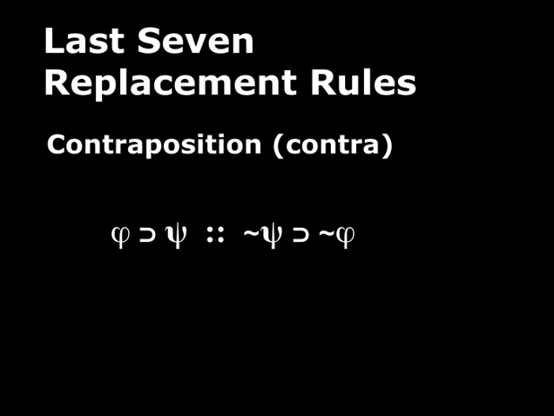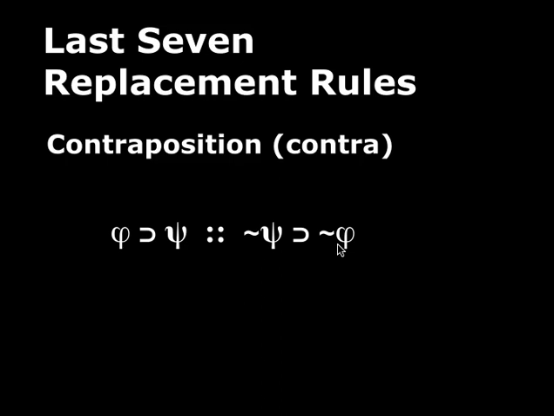Next up, contraposition. This rule says that if I have a conditional, I can swap the order of the consequent and antecedent if I negate both of them. So remember commutation, which works on conjunctions and disjunctions. You can just swap the order because conjunctions and disjunctions are order invariant.